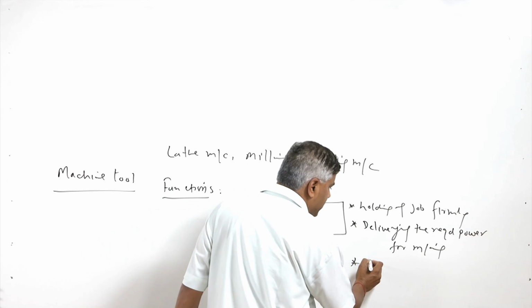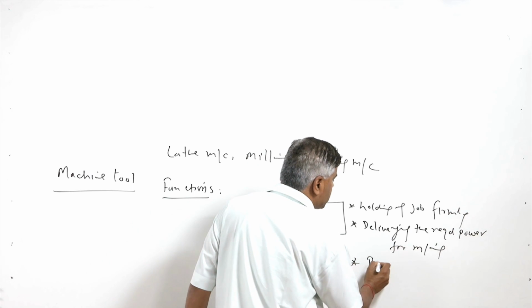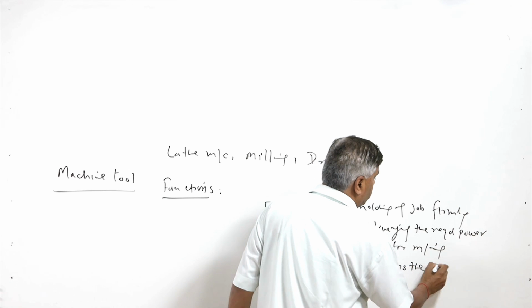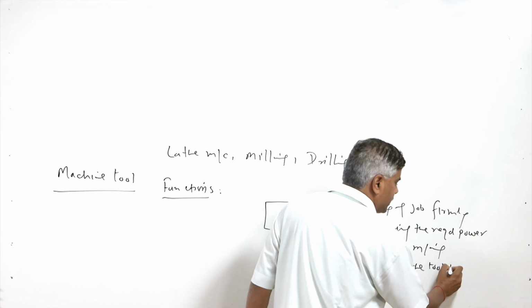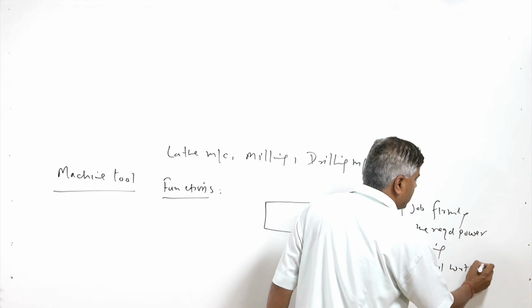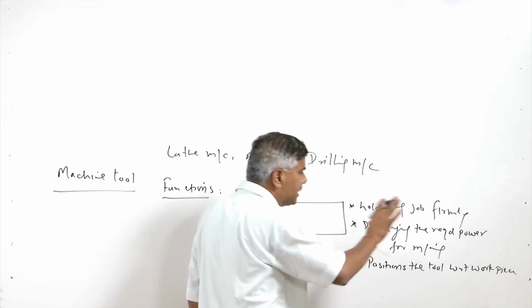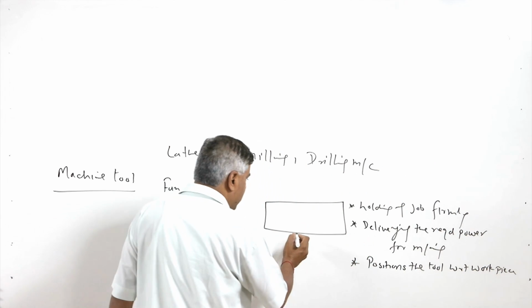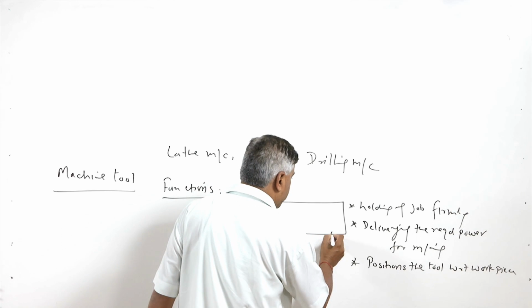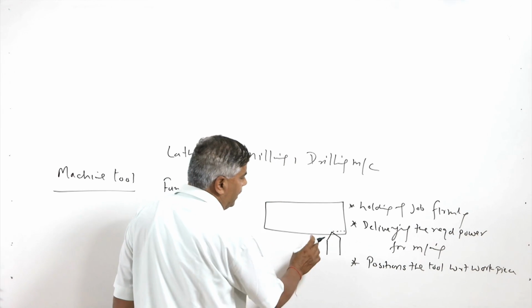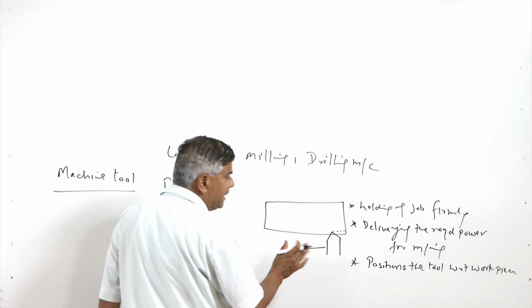Another thing is that it positions the tool with respect to the workpiece, and that position is maintained. Say, for the turning process, the position of the tool will be maintained at a particular position and it will be moved linearly.